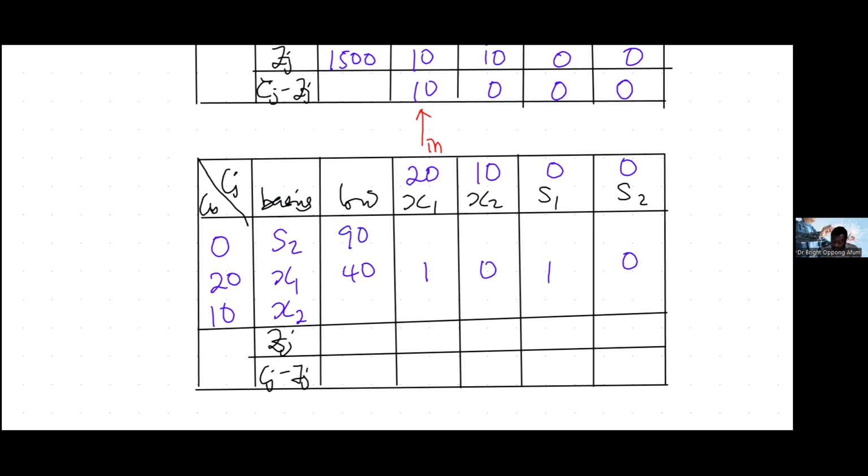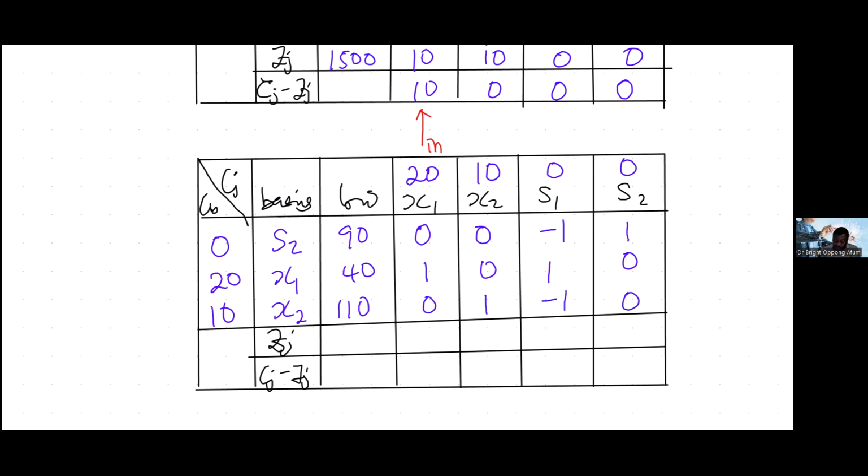1 minus 1 is 0. We have 0, -1, and we have 1 here. Again, it's positive. This one is 150. So 150 minus 40 is 110. And 0, 1, -1, and 0.